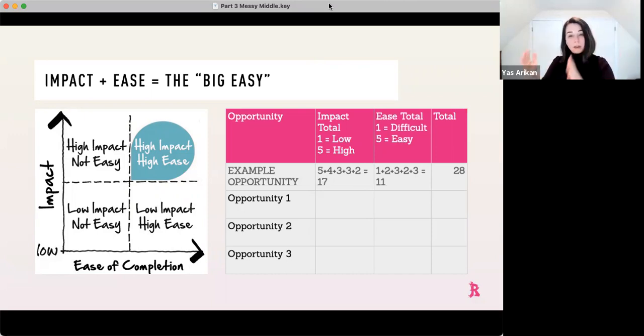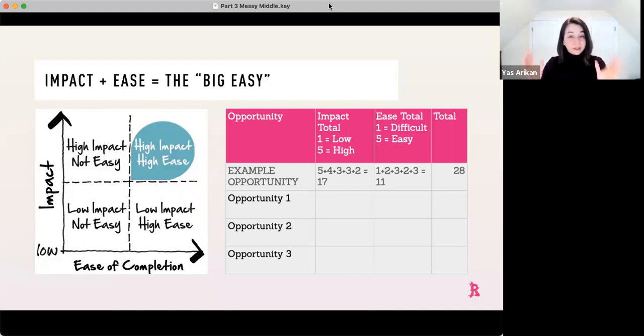Then you move on to rating each opportunity in terms of easiness or difficulty in executing it. Use the same method on a scale of 1 to 5. It can get a little tricky. So 1 is difficult and 5 is easy, or the other way around. It's up to you. Just make sure you and your teammates know what 1 means and what 5 means.